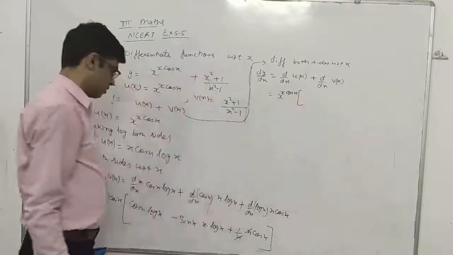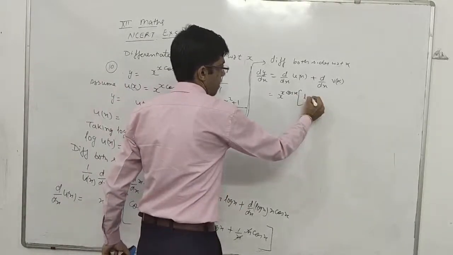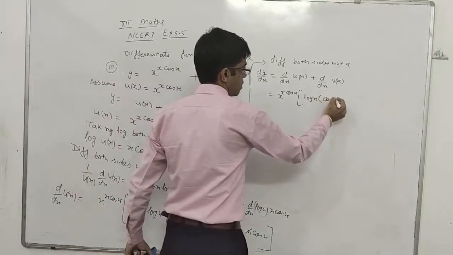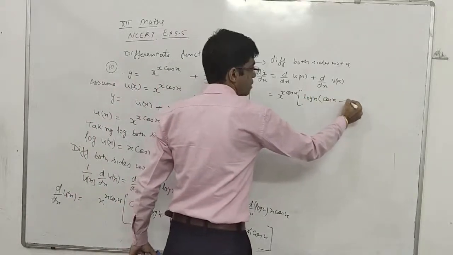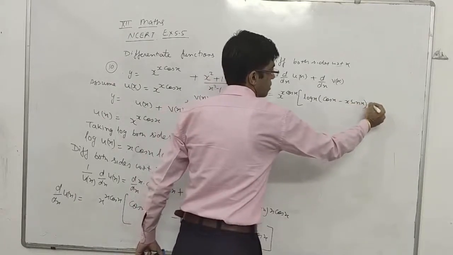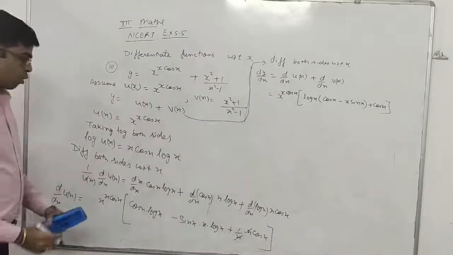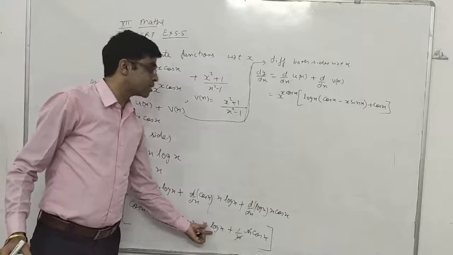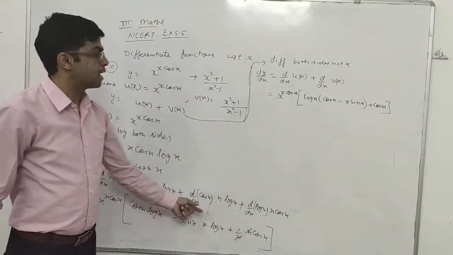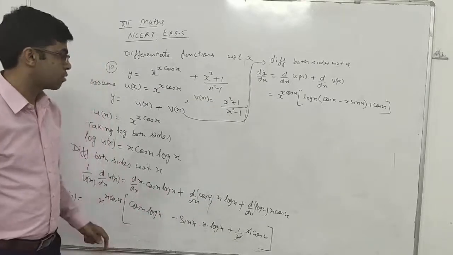We can take this log x common: cos x minus x sin x plus cos x. Log x is coming here, log x is coming here. We can take common log x into (cos x minus sin x) into x log x plus cos x.